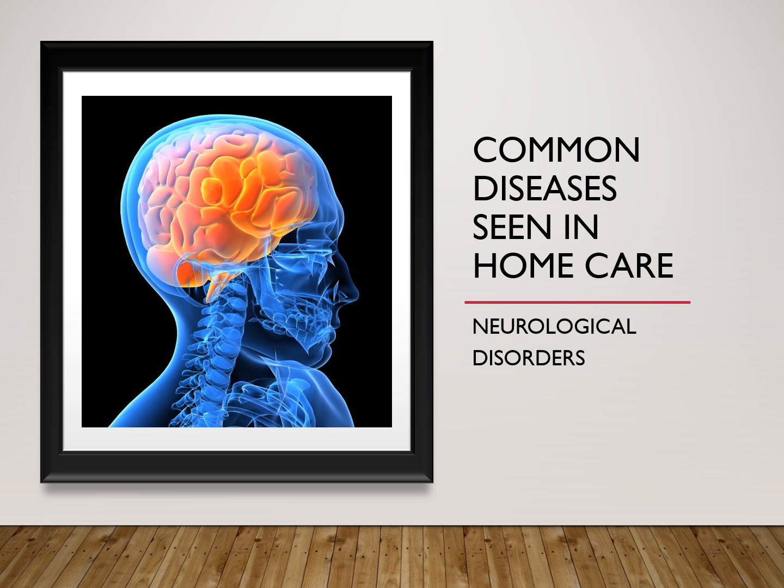This disease affects the nerve cells in the brain and the spinal cord. Patients may ultimately become paralyzed in the late stages of this disease, but often remain alert and oriented. Most patients will die within 3 years of a diagnosis. So you may be with a patient at the time of diagnosis, but they may progress and you may be taken off of their case.